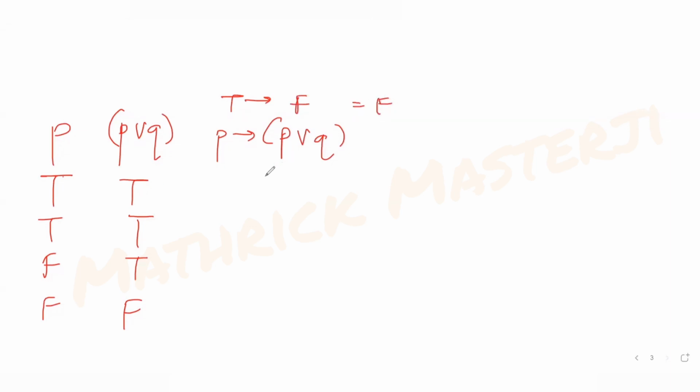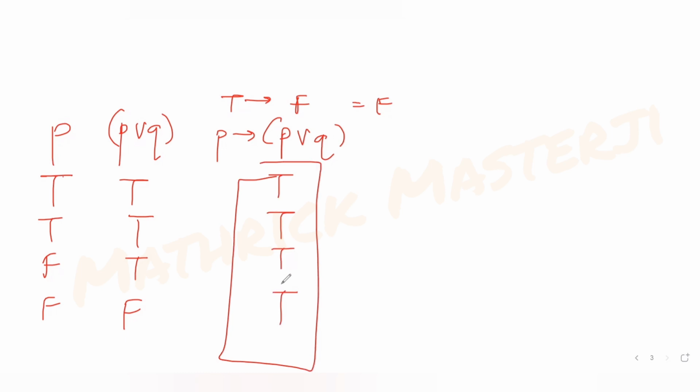Here it is not F, it is T, T, T, T. So all the truth values become T, and this statement also becomes a tautology.